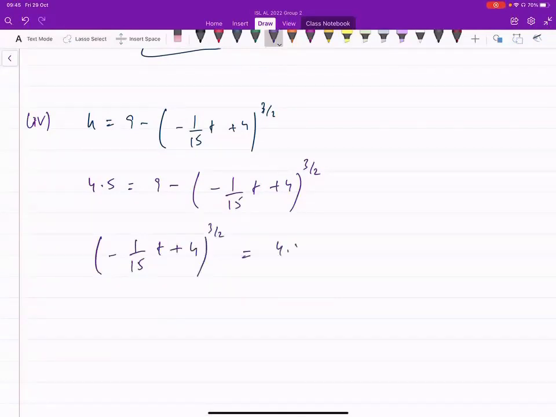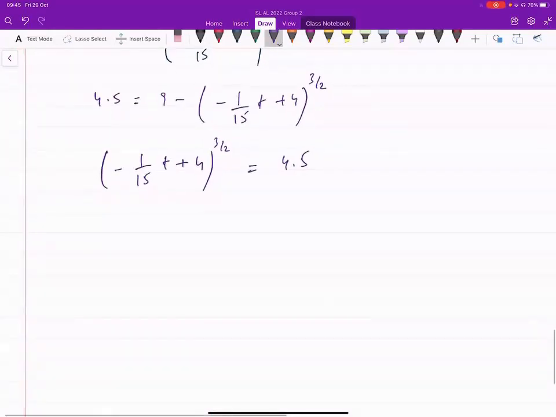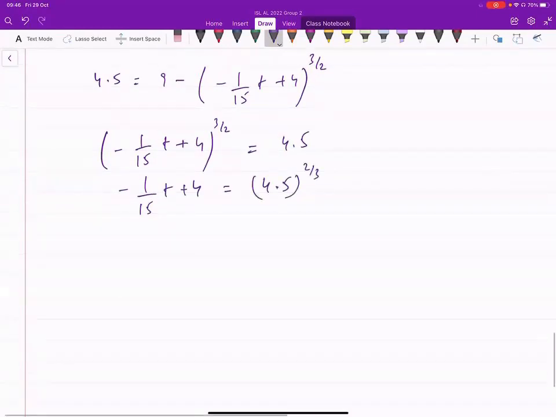That equals 4.5. Now we take power 2/3 on both sides. That gives us 4.5 raised to power 2/3. यहाँ से आपके पास t की वैल्यू आ जाएगी. What do we get? 4.5 raised to power 2/3 क्या होता है? T की वैल्यू? The final result? Okay. तो इसको आप आगे सॉल्व करोगे?